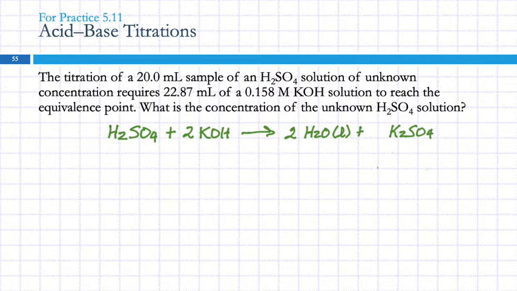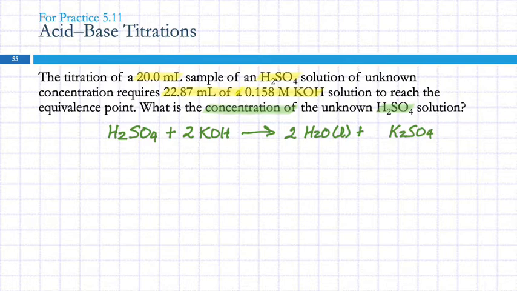So now let's take the information that was given in the problem, those numbers, right? 22.87 milliliters of 0.158 molar KOH and 20 milliliters of sulfuric acid. And what are they asking for? Concentration of H2SO4.